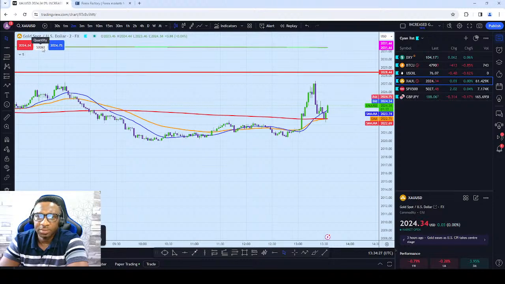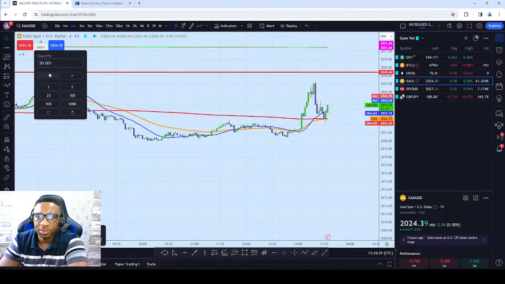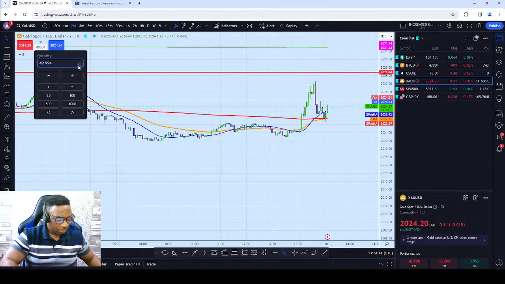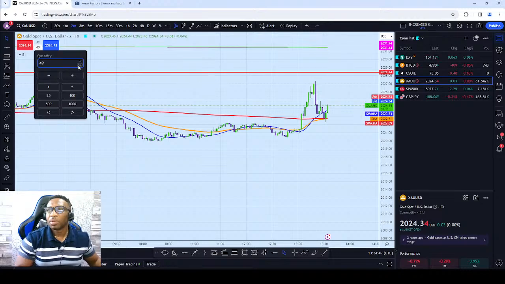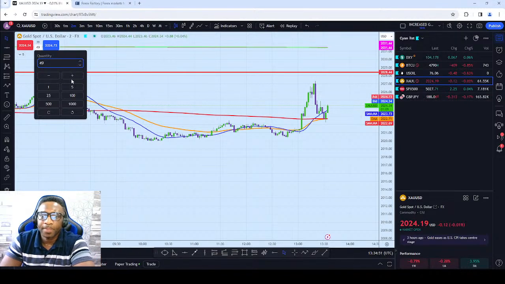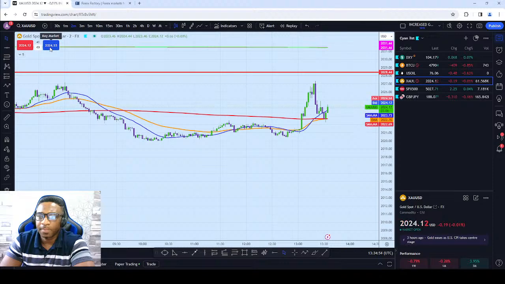What's this? So looking at it, price is just taking out this last purple candle and surging off the 200.